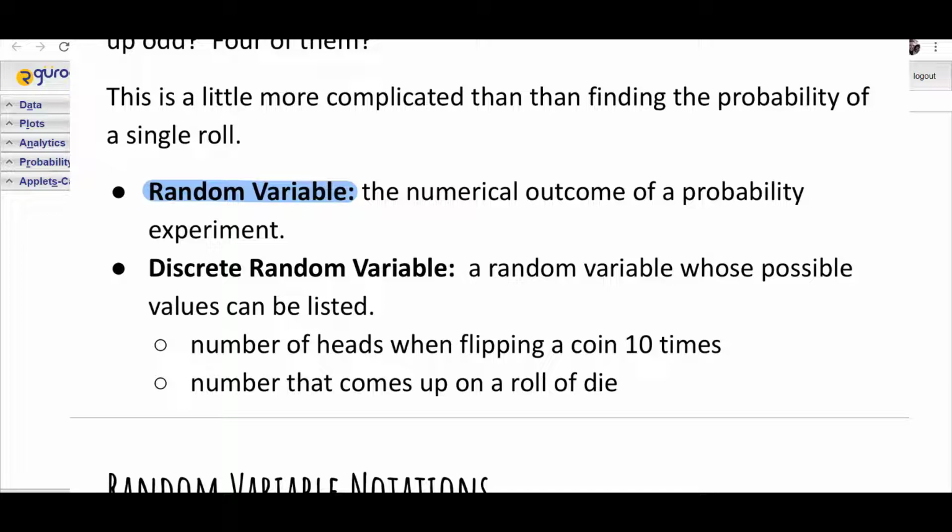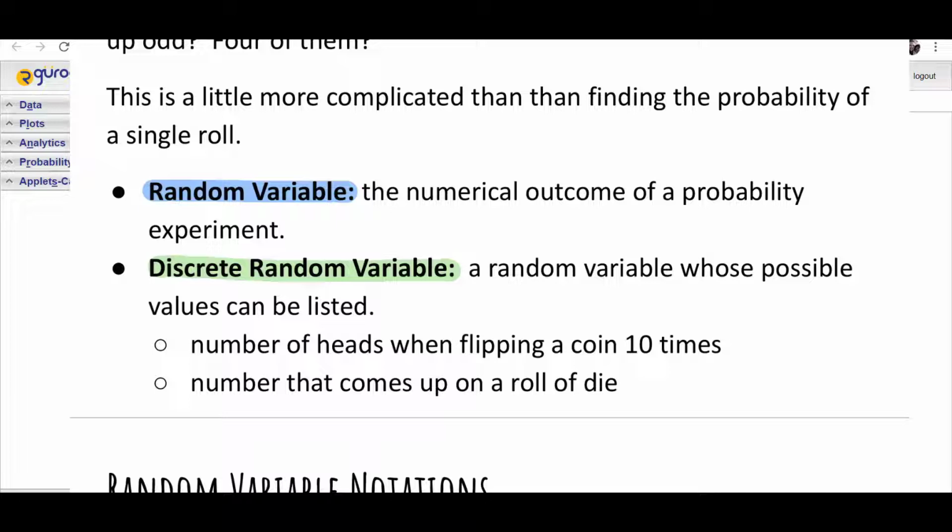And specifically, we call it a discrete random variable if the possible values are those that can be listed. So think about the definition of discrete that we talked about before. Those are numbers that can be listed or counted. So discrete random variables would be random variables whose possible values can be listed.